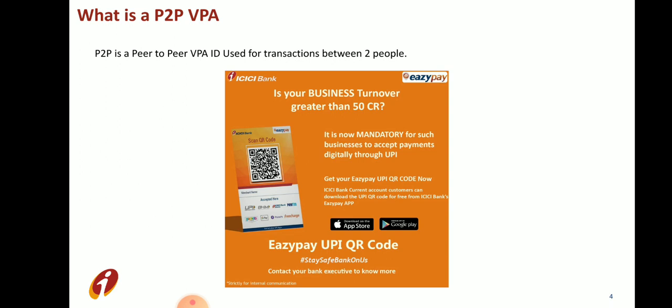Here we require a P2M UPI ID to create a QR code. In the other scenario, a customer has not visited my shop, is at some other location, and I need to collect a payment. In that case, I can send them a P2P VPA ID of mine, which will ensure that the customer can make a payment using that UPI ID.